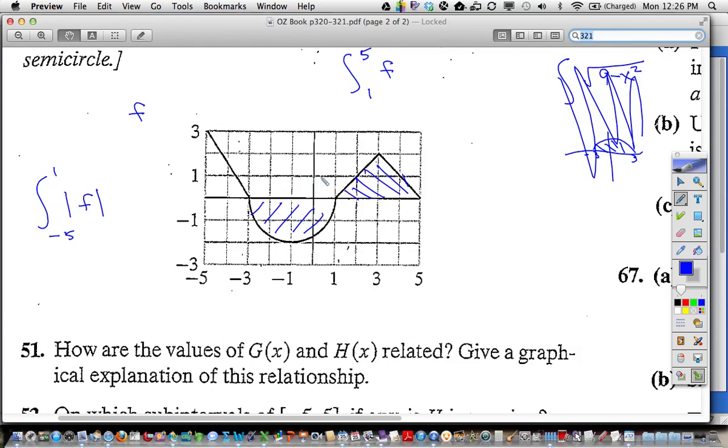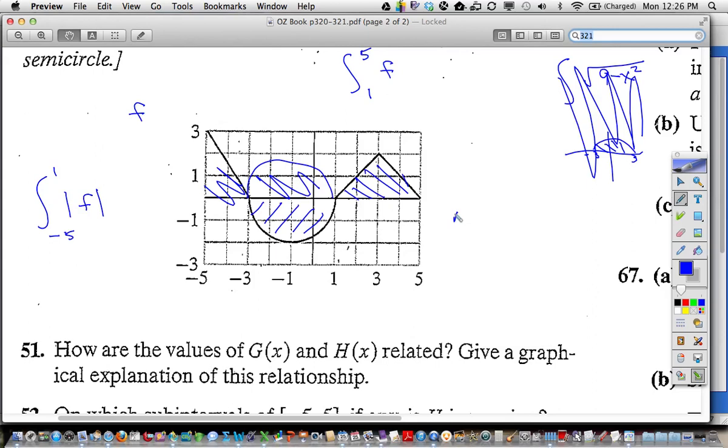Absolute value just takes any outputs that are negative and makes them positive. So all you would do is just flip the circle up. And then all this area plus this area would be positive. So you just do that. On your homework, there were some absolute value ones we can talk about as well. It just makes that area positive.